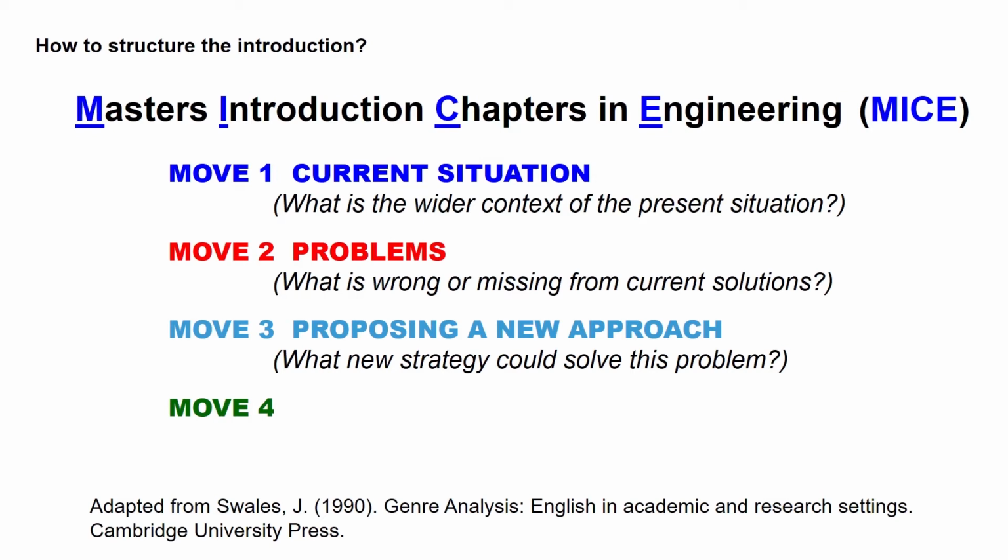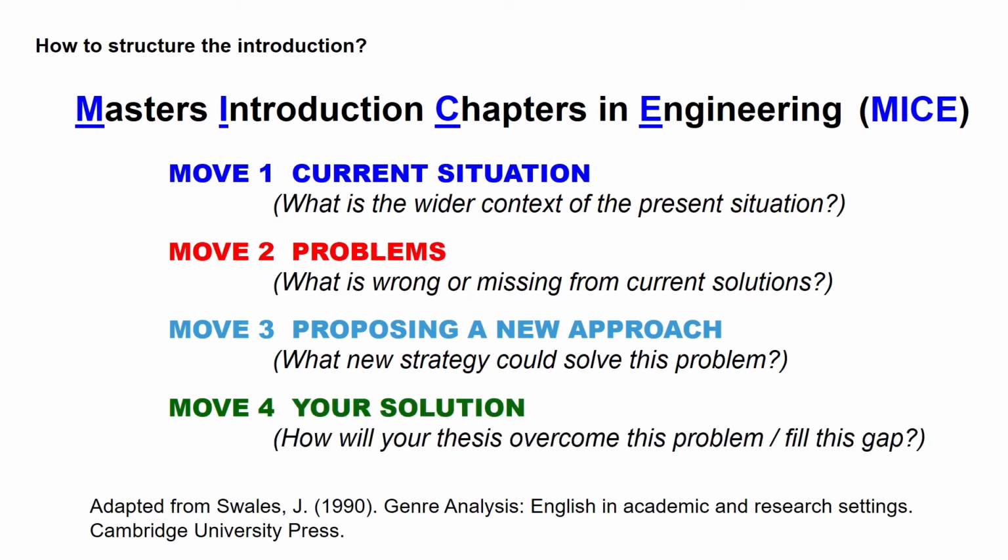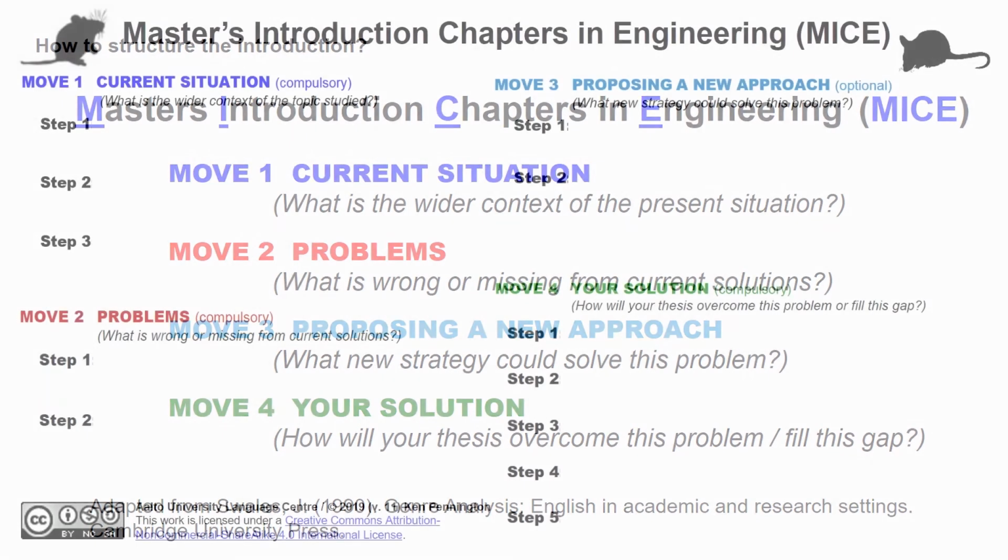Now, this 3rd move is not compulsory. Nevertheless, you are likely to include this move if the aim of your thesis is to evaluate the feasibility of using some approach or technology that has never been implemented in your own context, and you just want to determine whether it will work. The final move, move 4, your solution, describes how your own thesis will overcome this problem.